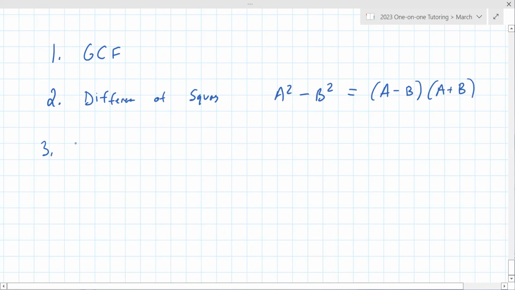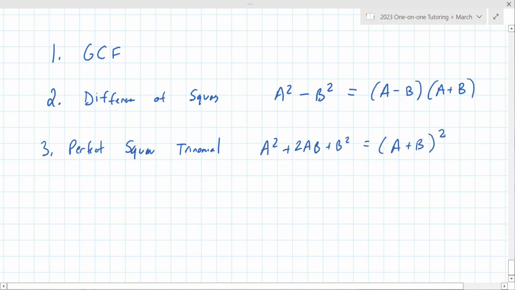The third type is a perfect square trinomial. And this has two forms. It has a squared plus 2ab plus b squared, which becomes a plus b squared.